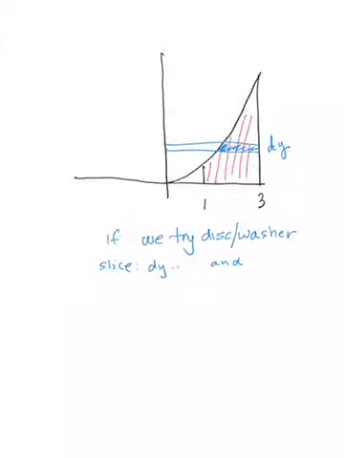And for our volume by revolution, we would have a constant little r and big R for a portion of our solid.